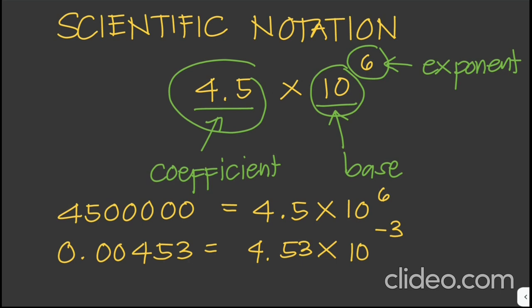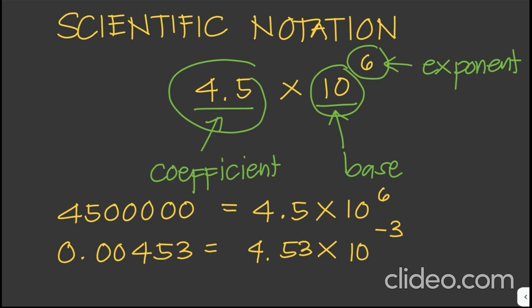That would be our exponent. And it depends whether you moved it to the left or to the right. So the number of places the decimal point is shifted indicates the numerical value of the power of 10.